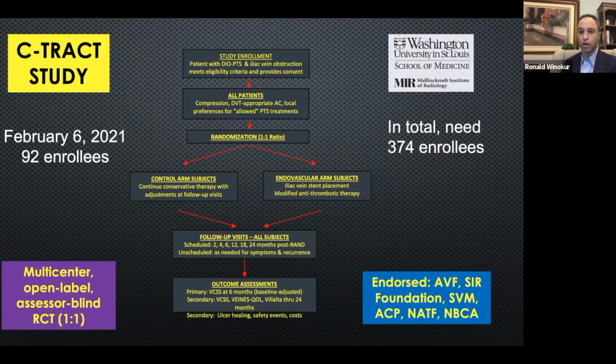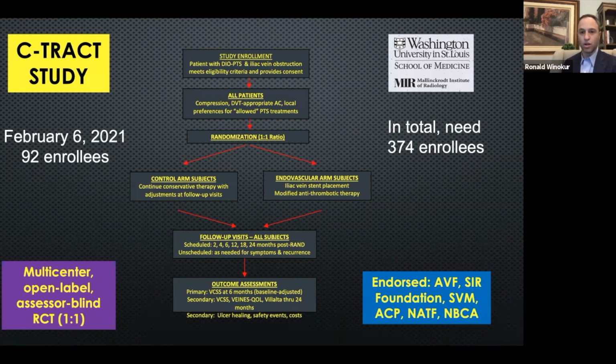So here's where we are with the C-TRACT trial. Dr. Vedantam at WashU gave me this slide. He just presented it actually this morning at a C-TRACT trial meeting. And the goal of the trial, it's 2.5 years in, as I mentioned, the goal is to enroll 374 subjects. Right now, after 2.5 years, we're at 92 subjects enrolled, which is very far behind schedule.